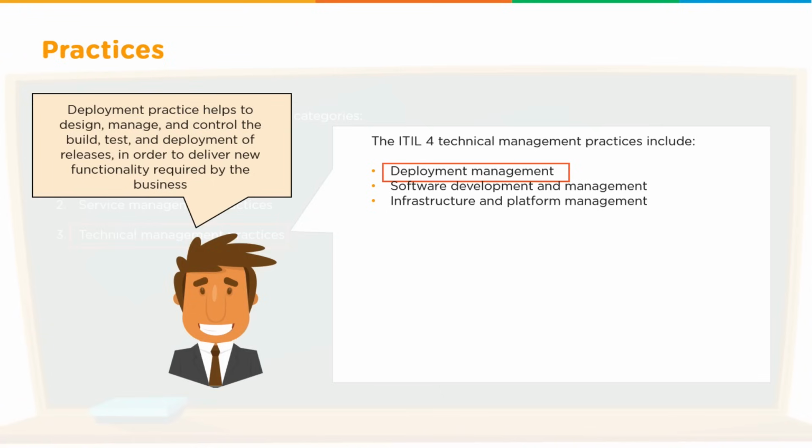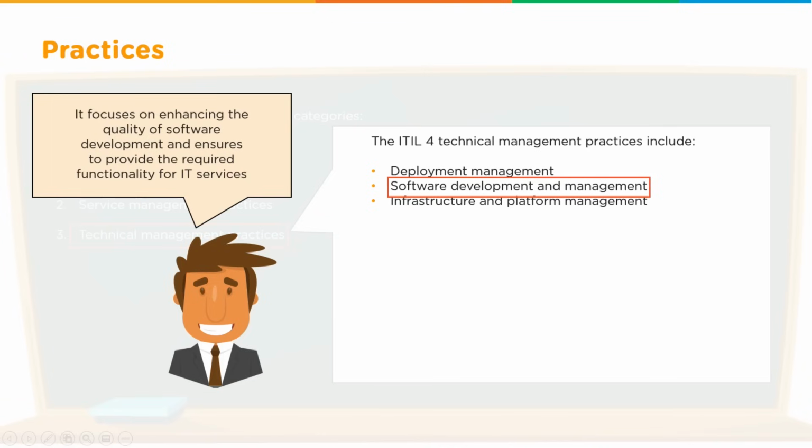This is for a specific service, or something which needs to be transitioned or implemented as part of the service lifecycle, where specific technical actions are defined very clearly and need to be complied with. Similarly, software development and management focuses on enhancing the quality of software development and ensures the required functionality for IT services, with specific practices depending on the kind of platforms used. Similarly for infrastructure and platform management.